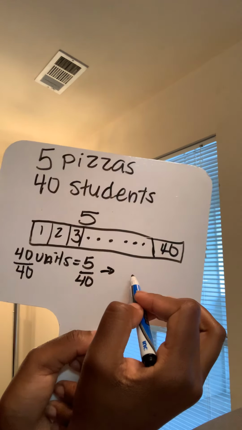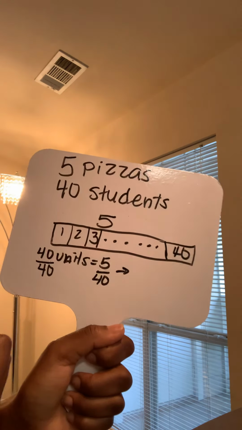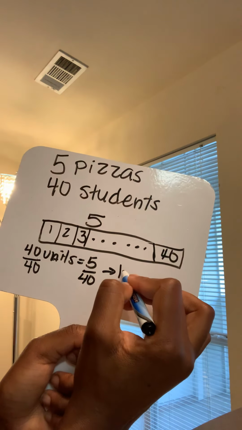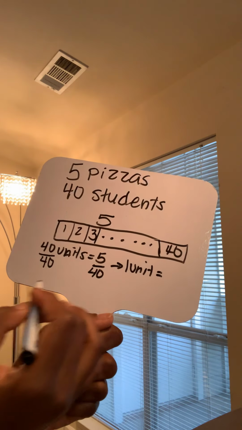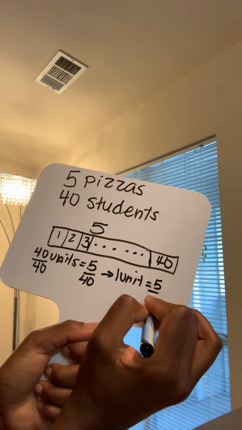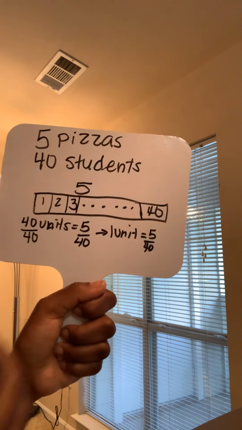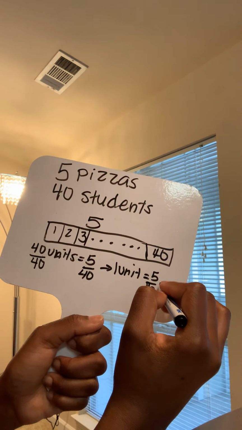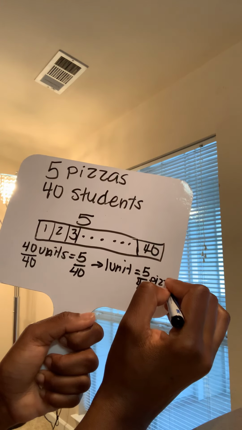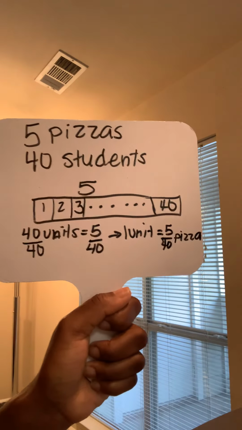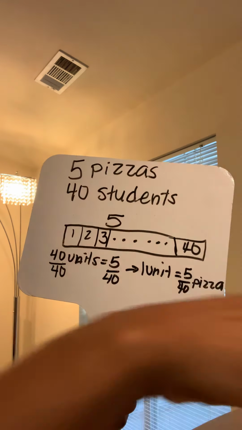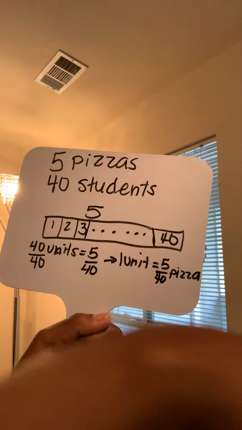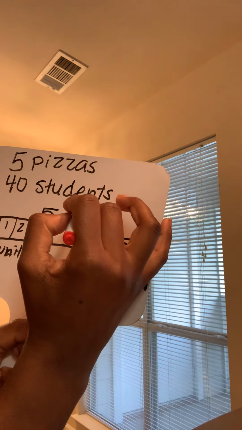So now we've got 40 divided by 40, which we've just said is 1. We've created that 1 unit. And that's equal to 5 over 40, or 5/40ths of pizza.